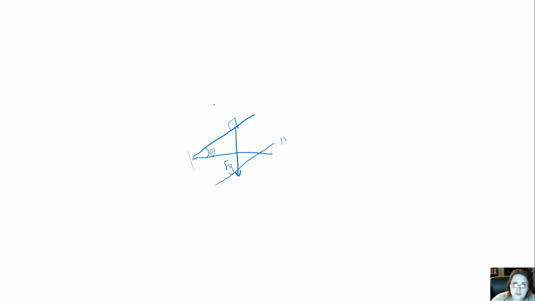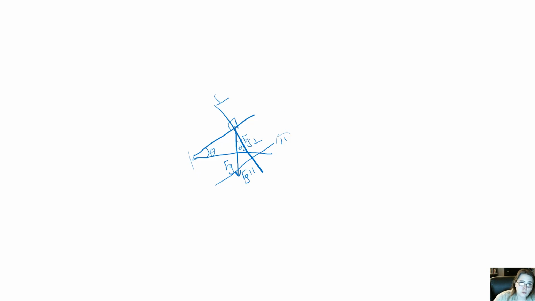And we want perpendicular. This is going to be the force due to gravity parallel. It's just taking this component and making it a part of this axis. And then this is the force due to gravity perpendicular. We're just following this axis.